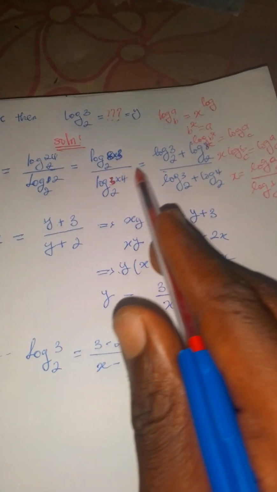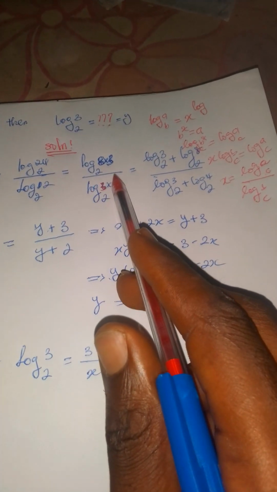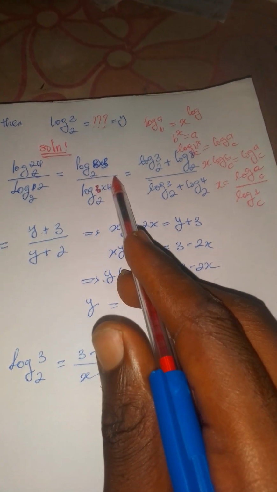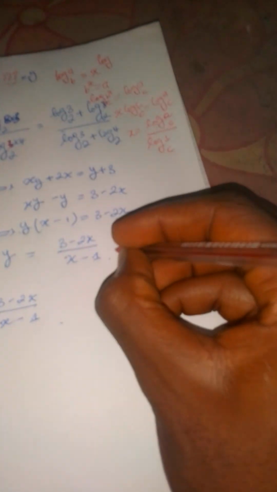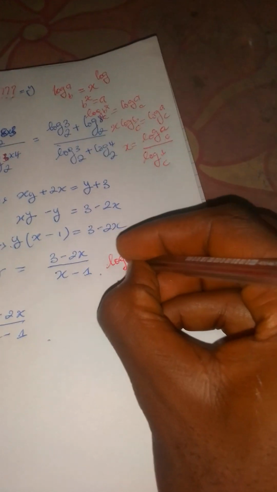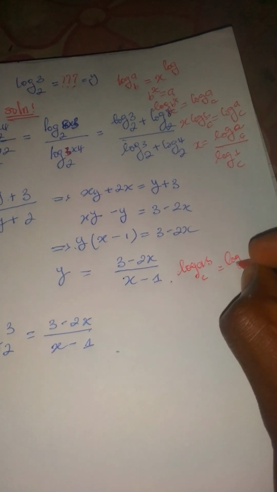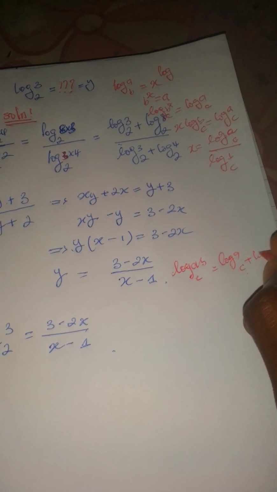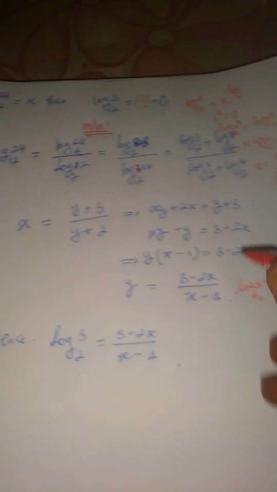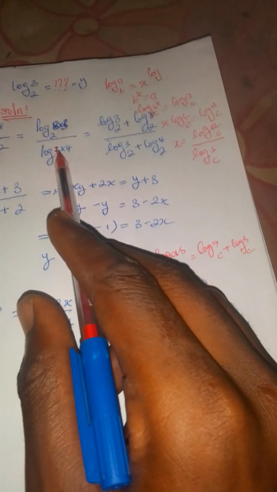Then from the law of logarithm, which says that log ab base c is log a base c plus log b base c, I apply the property top and bottom.